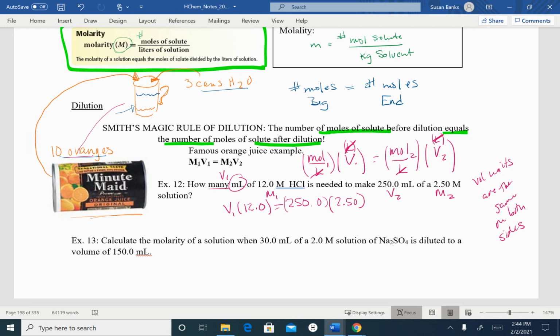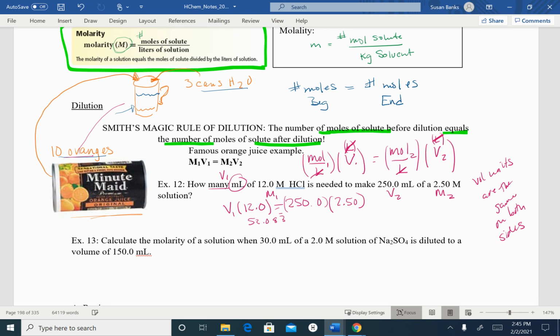So I just really need to isolate V1. So I'm going to take 250 multiplied by 2.50 and divide it by 12. And I get 52.083 repeating.